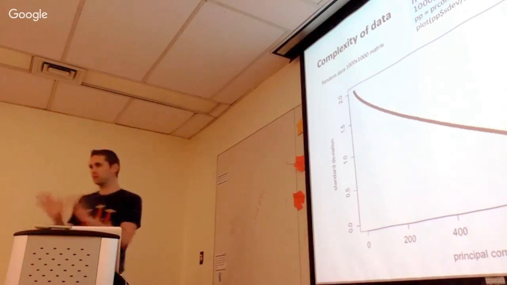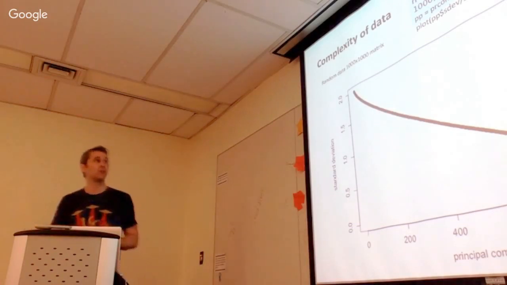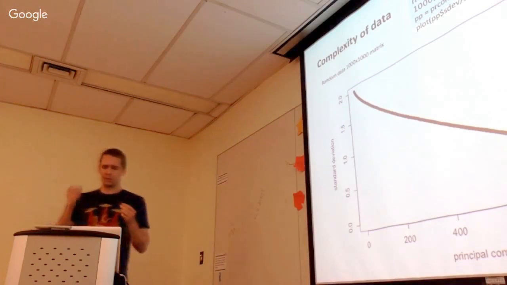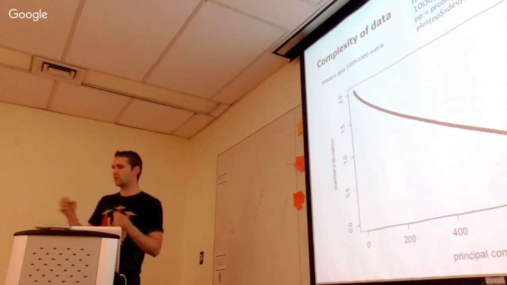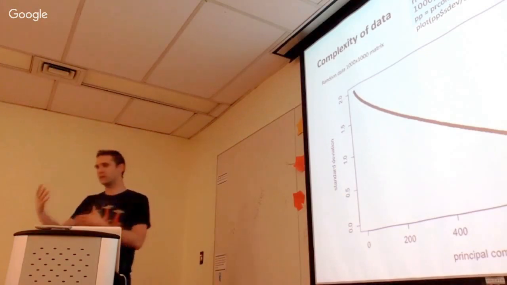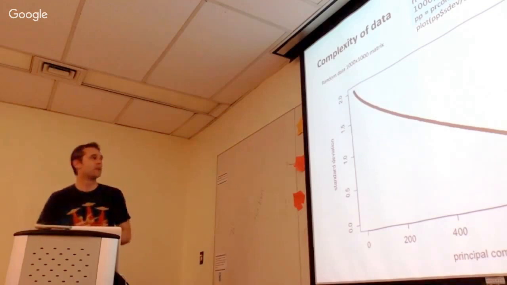So there should be no redundancy between the different dimensions that we have. The property is that we can then order these principal components by how much variance they capture. The first principal component will capture the most variance in the data. The second component will capture the second highest, and so on.